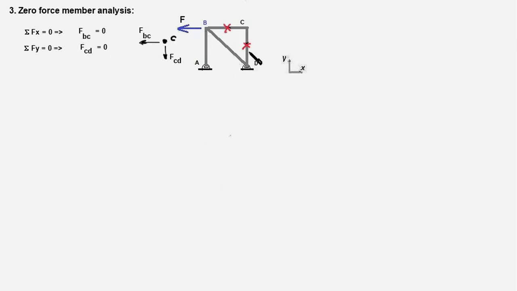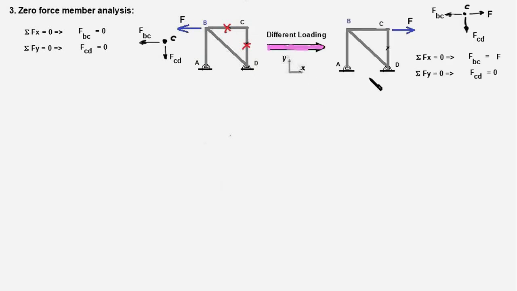So we put a cross mark here to indicate that these two are zero force members. Now we change the loading pattern, and let's say the force F, instead of acting at point B, acts at joint C of the truss, like this. This is the same truss.